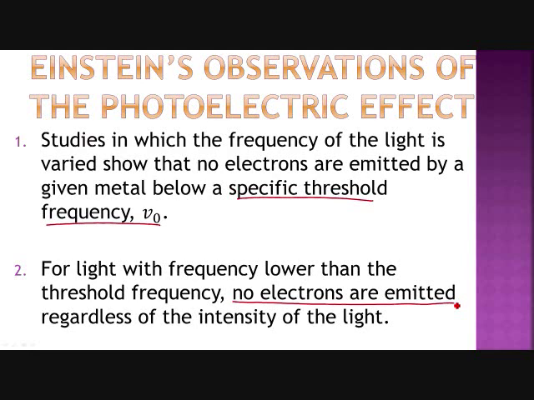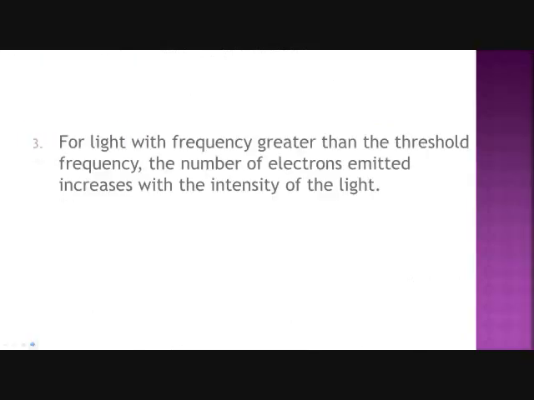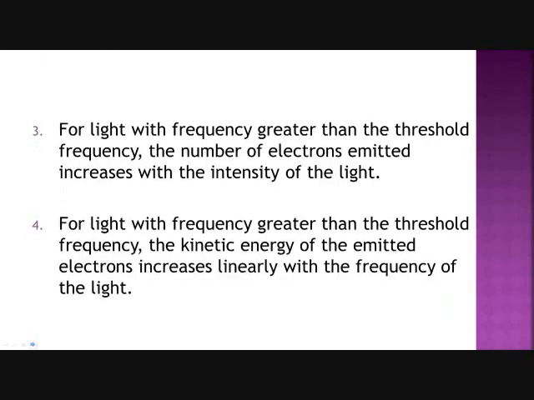If it's lower than the threshold frequency, you won't emit electrons. If it's greater than the threshold frequency, then it will emit, and the amount of electrons emitted increases with the more intense light. For light with a greater frequency, the kinetic energy also increases linearly with the frequency increasing. So these were all his findings.